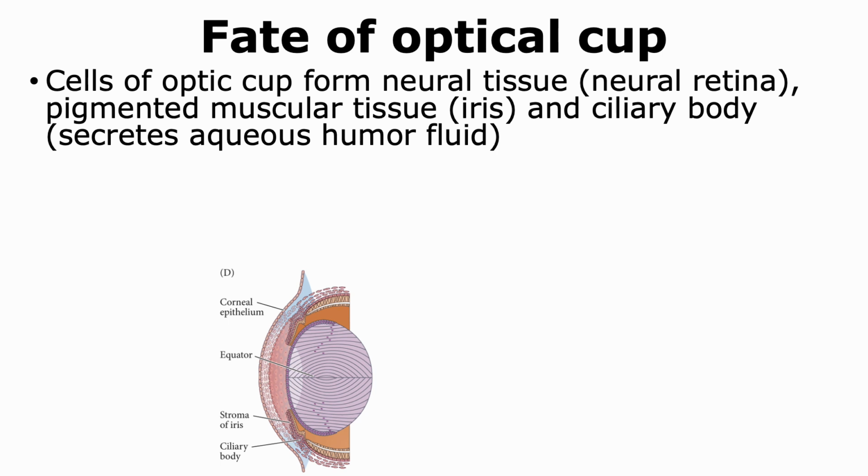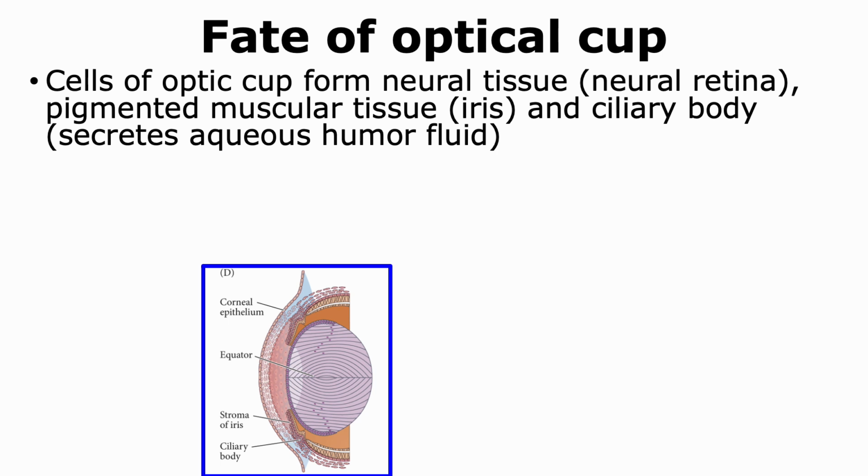Now the optic cup cells can form different types of tissues that include neural tissues, and this is formed from the neural retina that was in contact with the lens tissue. They also form the pigmented muscular tissue, which is the iris, and the ciliary body that secretes the aqueous humor fluid.